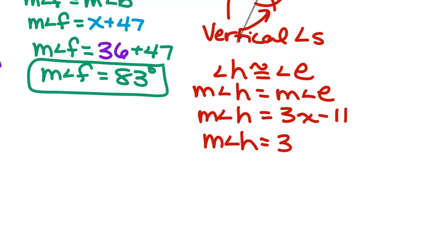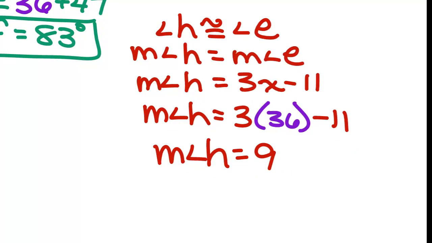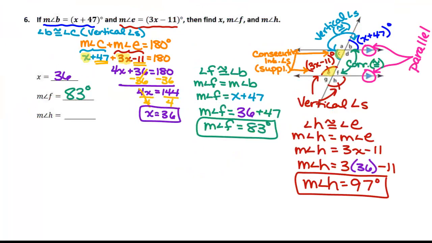So I do 3 times 36 minus 11. What is 3 times 36 minus 11? 90, how much? I got 90 something, but not 94. 97, yes. We get 97 degrees here.